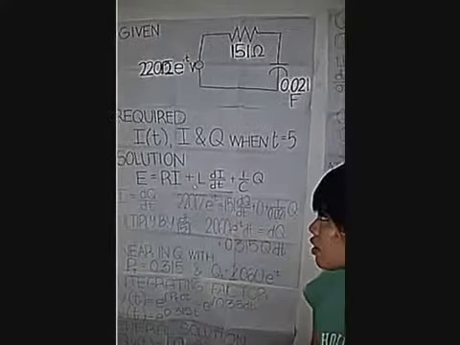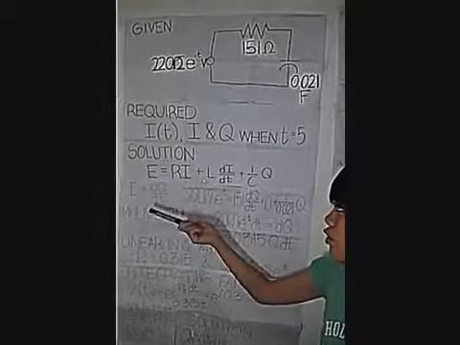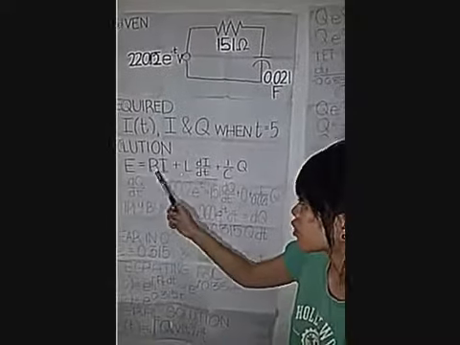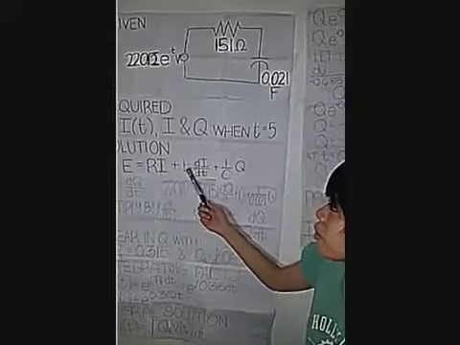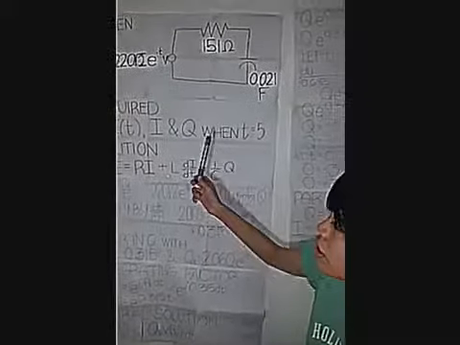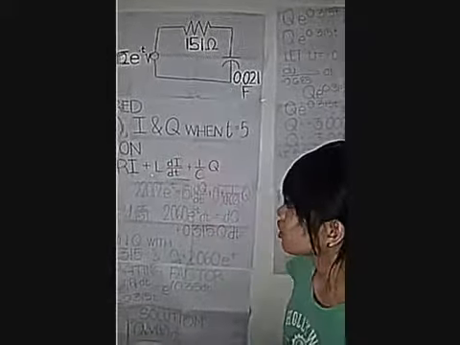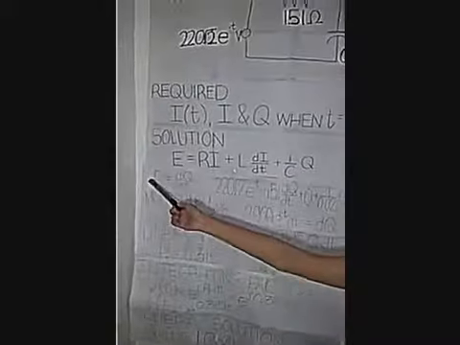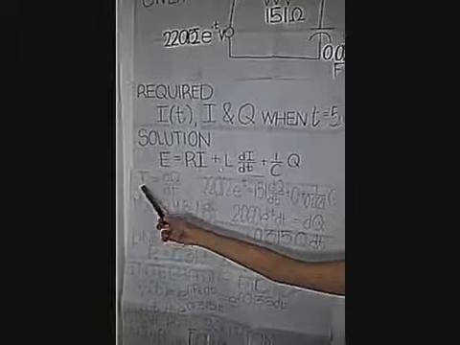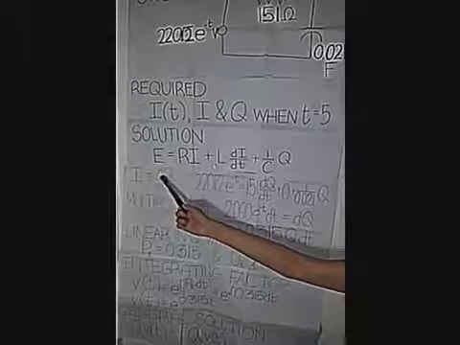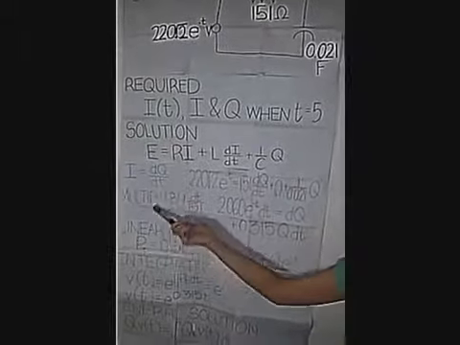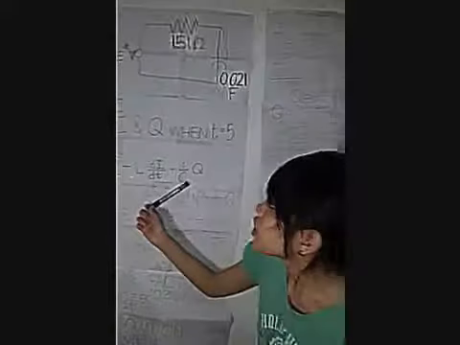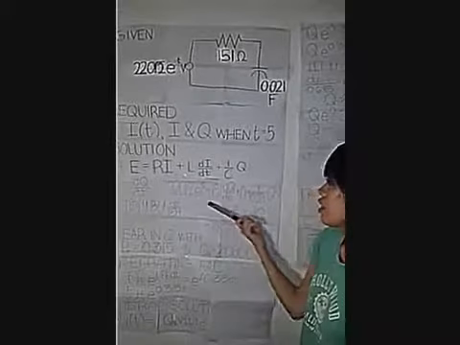seconds. Solution. Using the formula for the sum of the voltages in each component in a series circuit and being reminded that I is equal to the derivative of q with respect to t, we could evaluate the formula with this equation.